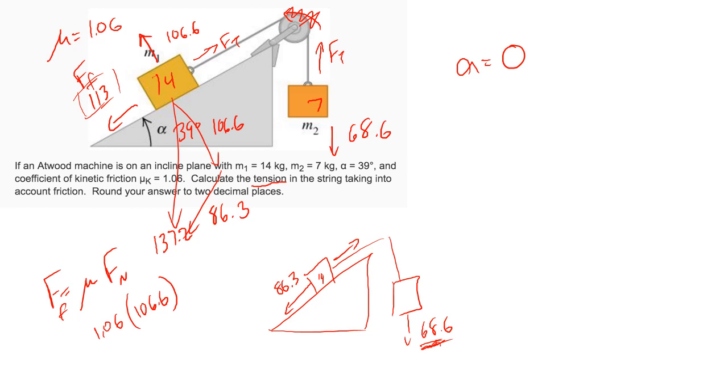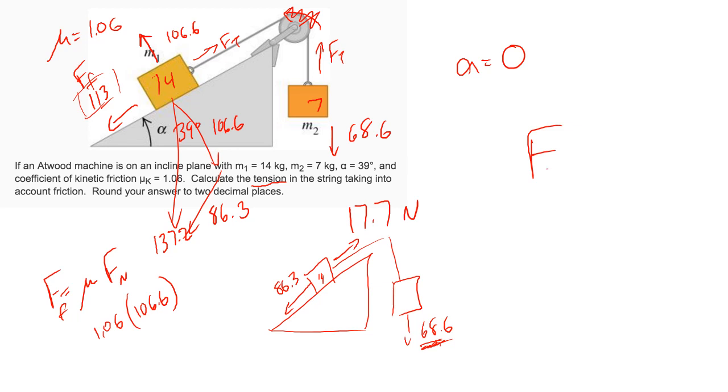So that it's going to be 86.3 minus 68.6, and that's going to be 17.7 newtons. Alright, because that will make everything cancel out. Okie dokie. So what's the force of tension going to be?